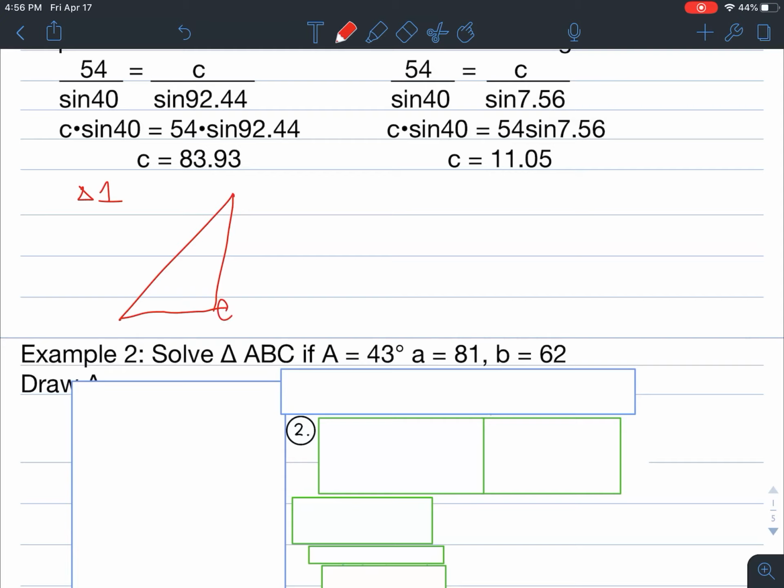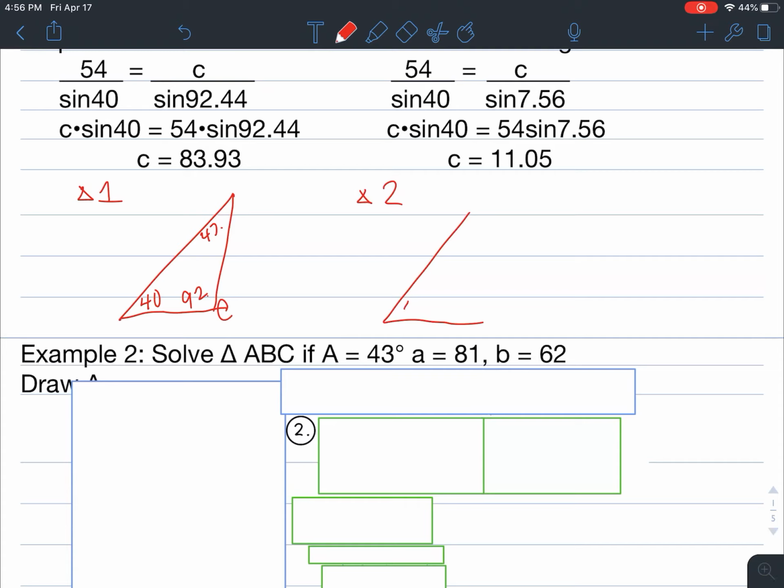That could look like this, making angle C down here the 97 angle. And this is the 40, and this is the 47. You know, ish. I'm sorry, not 97. My fault. That was 92. Okay. So that's possible for the first triangle. So that's sort of what that looks like.